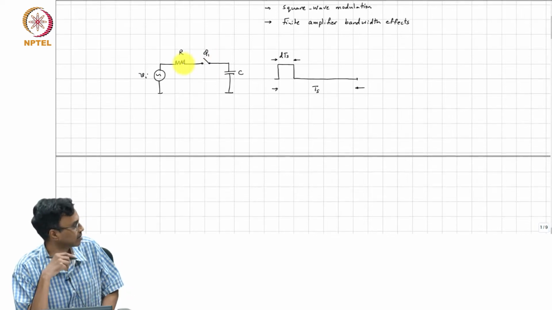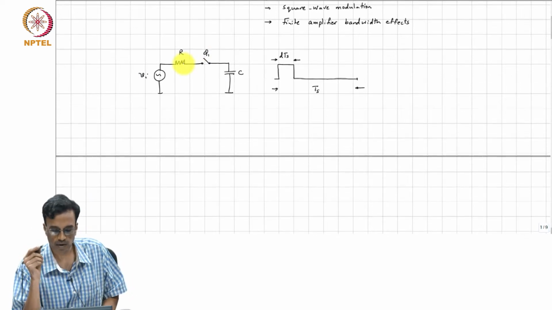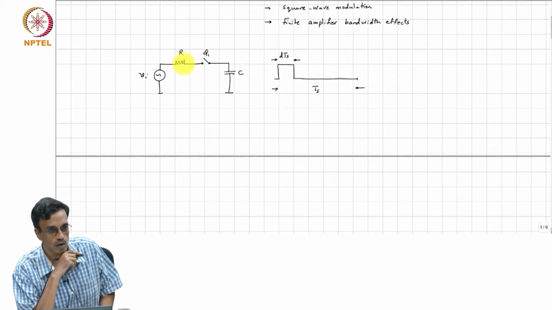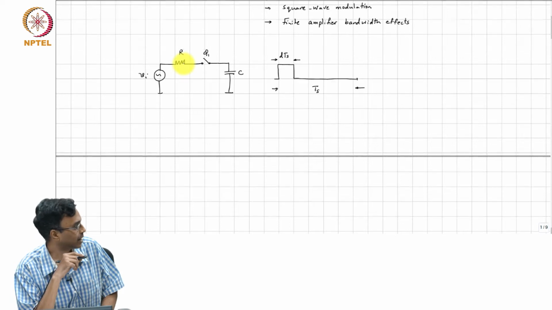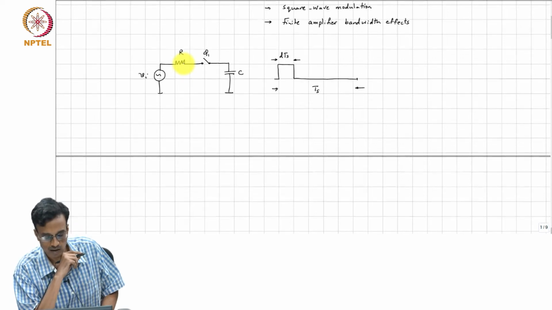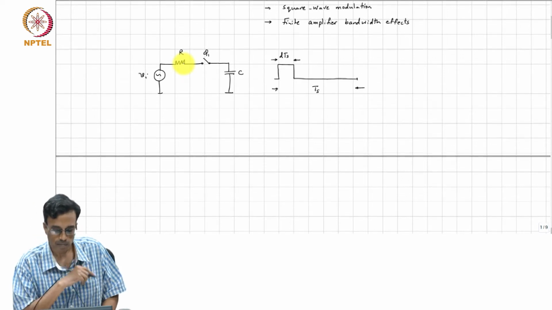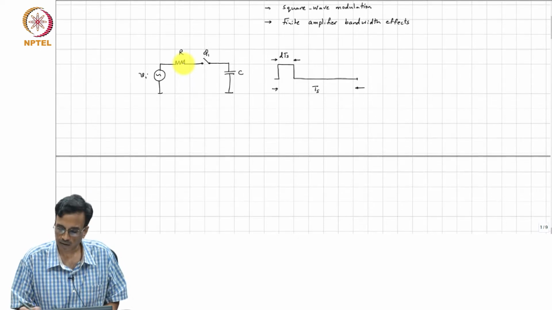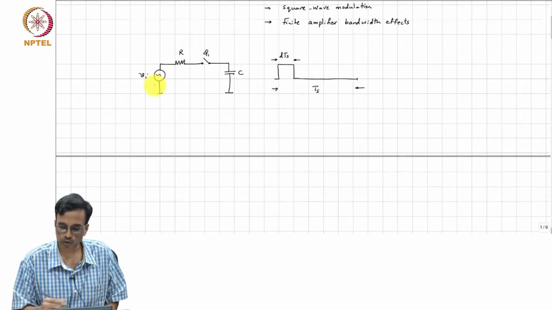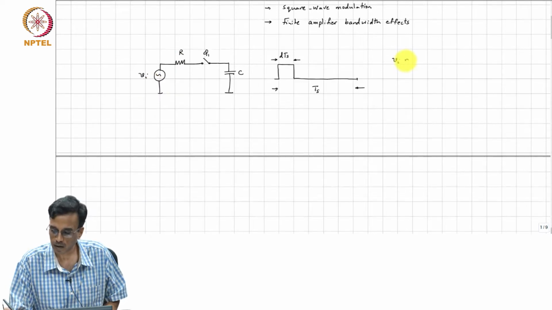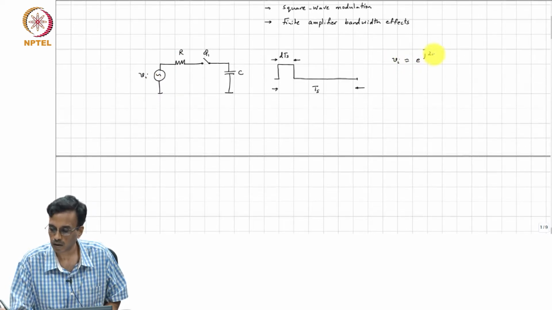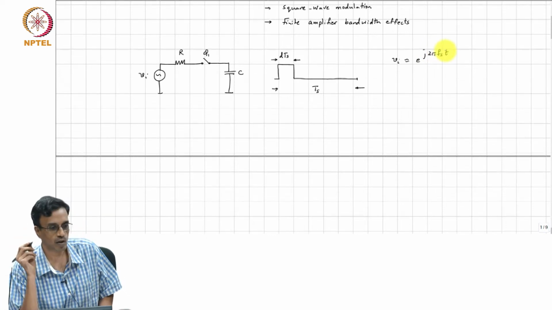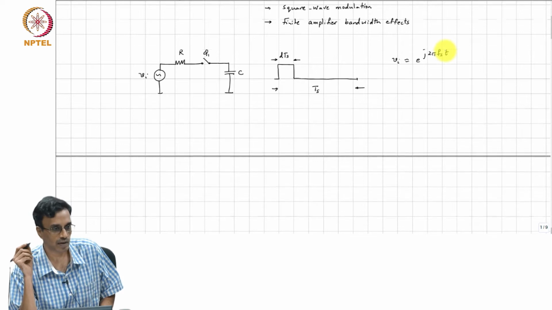And let us say we are interested in finding, as you can see, this is depending on the value of R and C. If R is 0, of course, this is nothing but a sample and hold. If R is very large, it turns out that this can be used as a mixer, where the input is typically close to Fs or integer multiples of Fs, right.